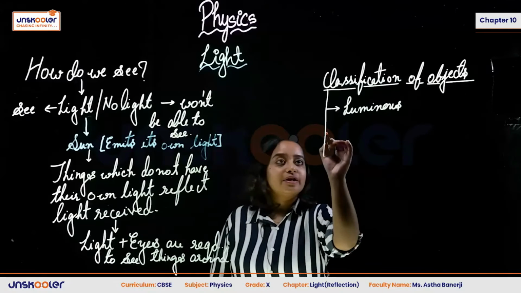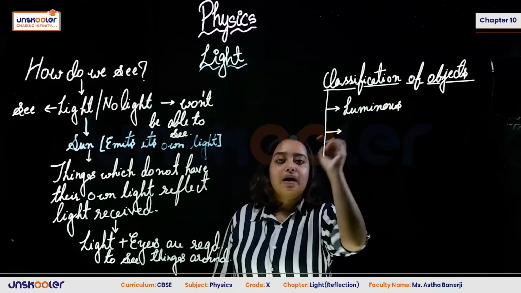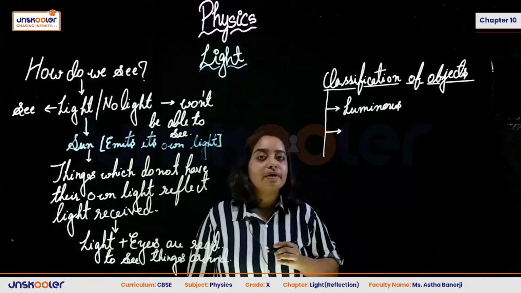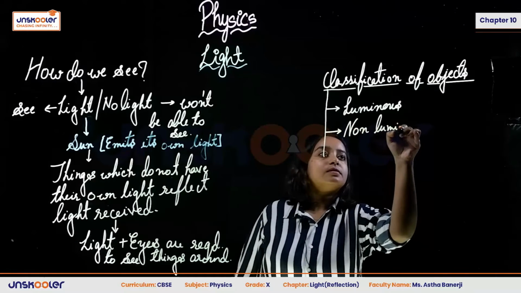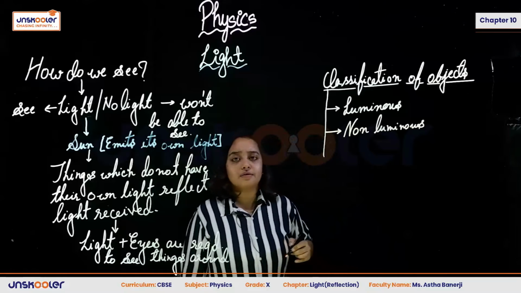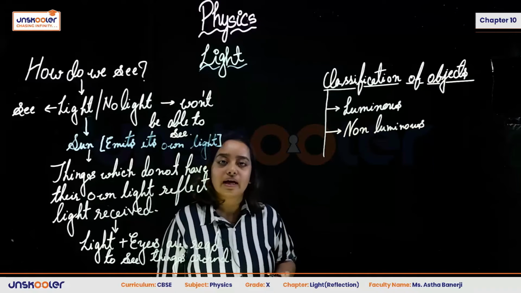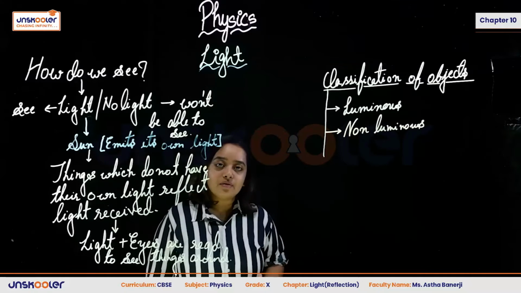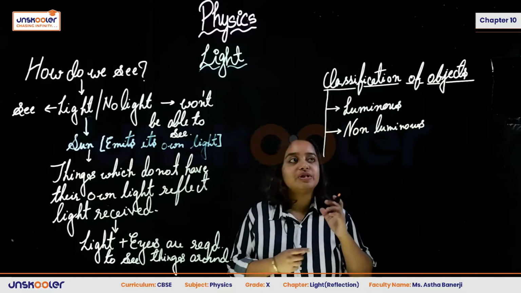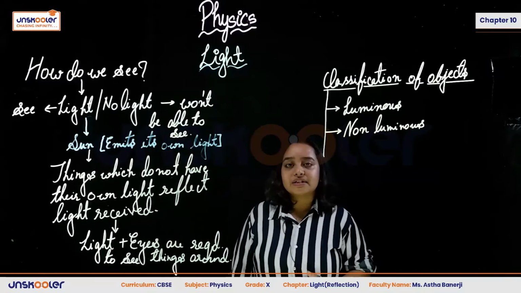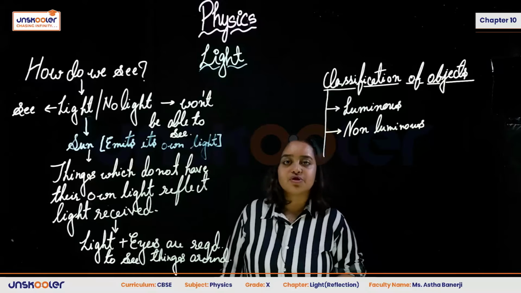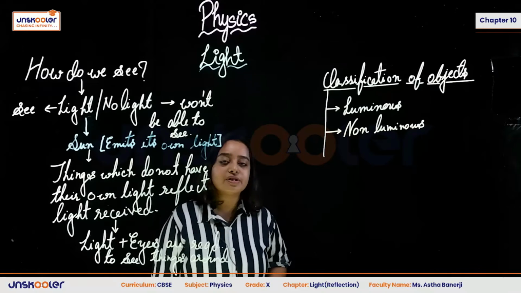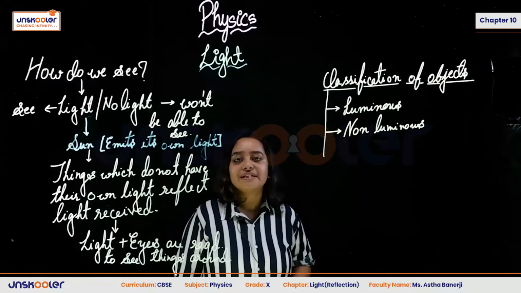The second category of objects that we learn about is non-luminous objects. Non-luminous objects are the ones which do not have their own light and can be seen with the help of light which they reflect. They reflect the light received from luminous objects to be seen.